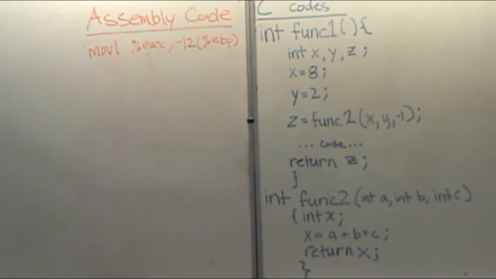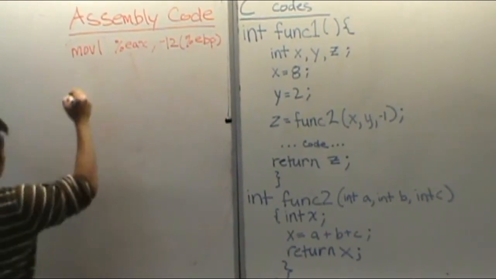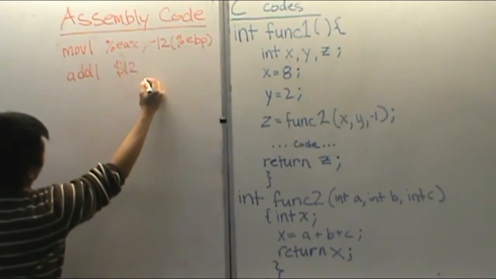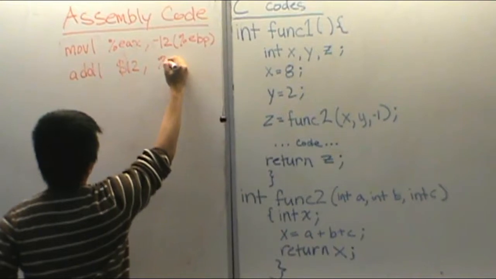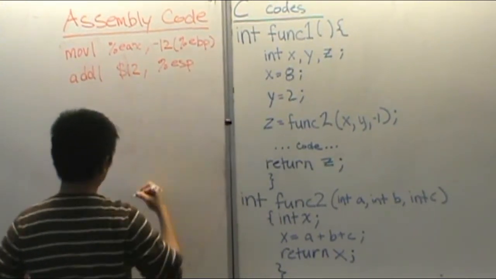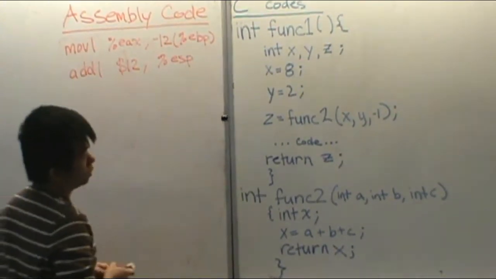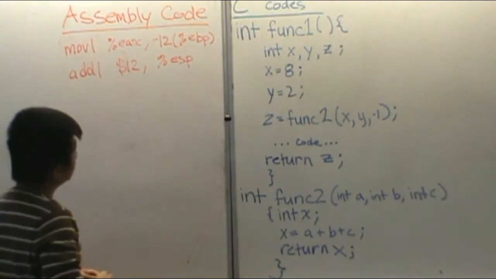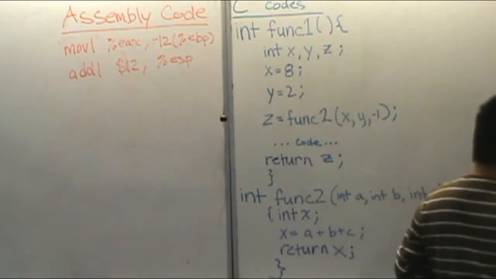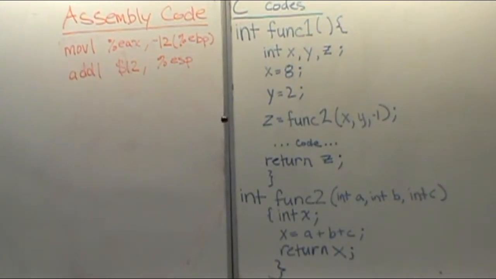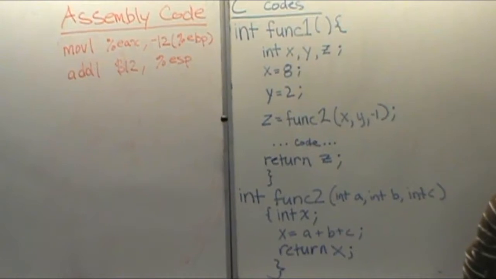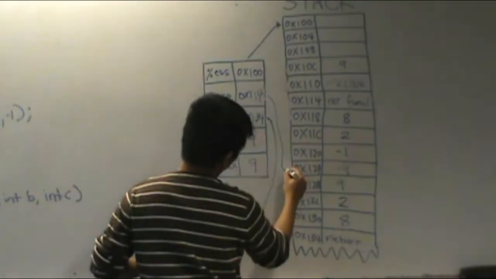Then the next step is to add 12 to percent ESP, which will move ESP down to here.